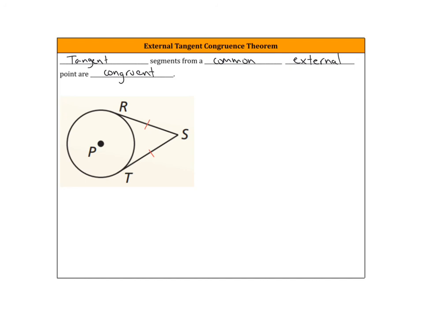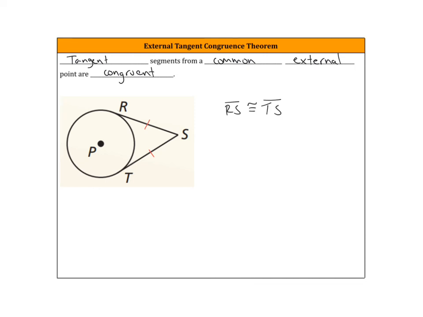So this is kind of like another condition, where the condition is that your tangents have to come from the common external point. And if this is true, what we are allowed to conclude is that RS is congruent to TS.